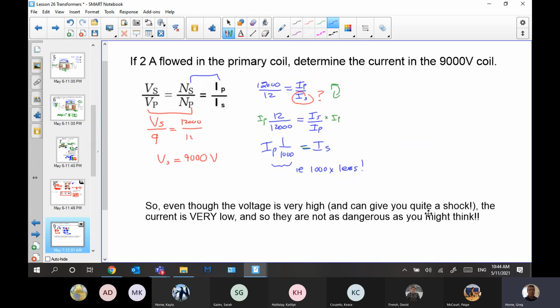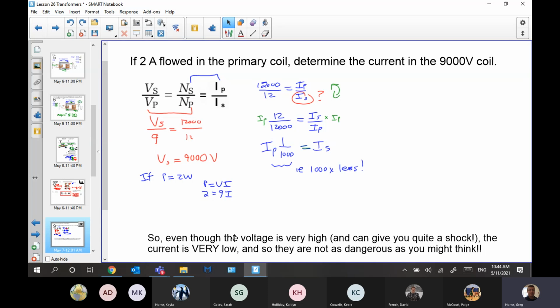If we had an actual power rating, if we'd say that the power applied was 2 watts or something, then we could say, oh well, P equals VI, power rating of 2 watts, and we have this 9,000. Sorry, the applied voltage is just the 9, right? Let me undo a little bit here. That would just be 9 and I, and so we'd have current of 2 over 9, or if I wanted to make the numbers nicer, let's make it be 9 watts. So we have 9 watts, so that's like 1 amp flowing, right?